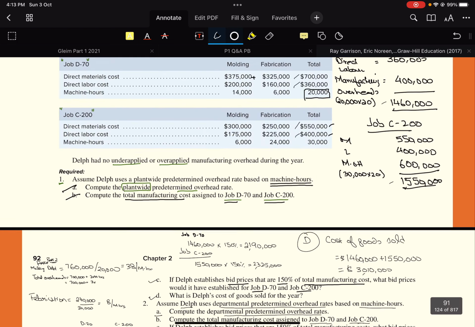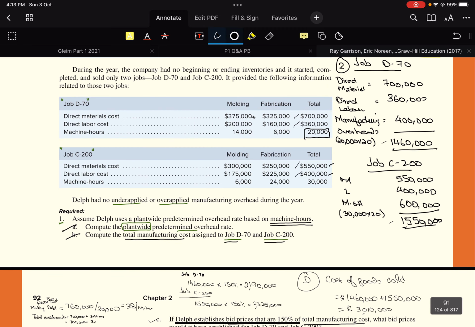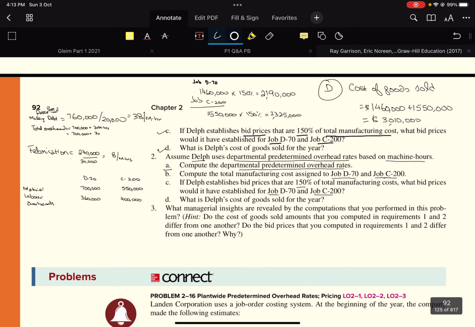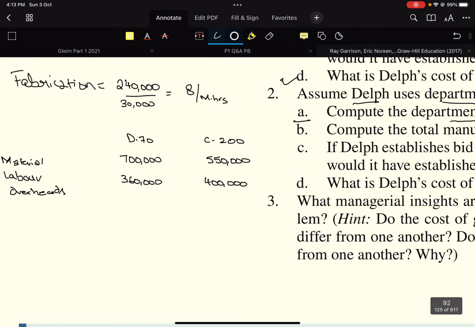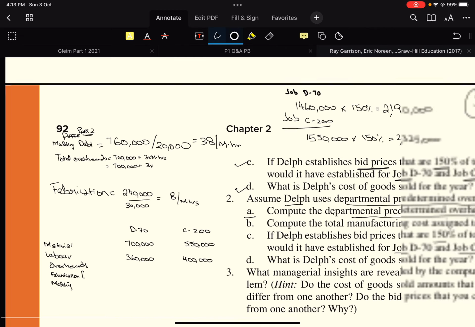Let's see. In job D70, machine hours for molding is 14,000 and fabrication is 6,000. Yes. Okay, so now the difference is fabrication and molding.